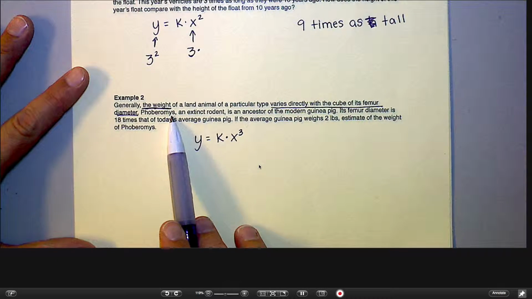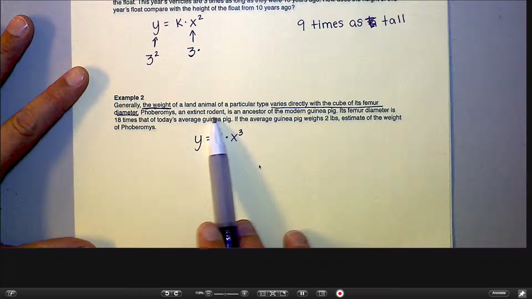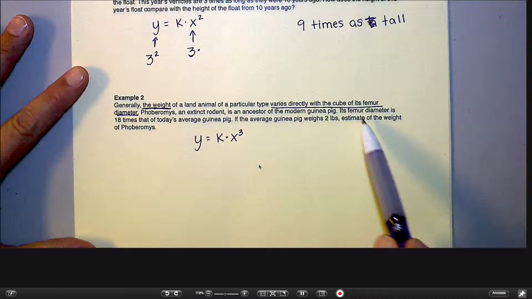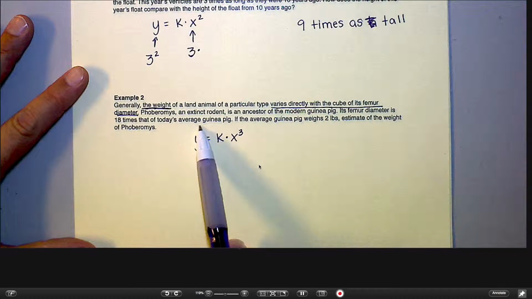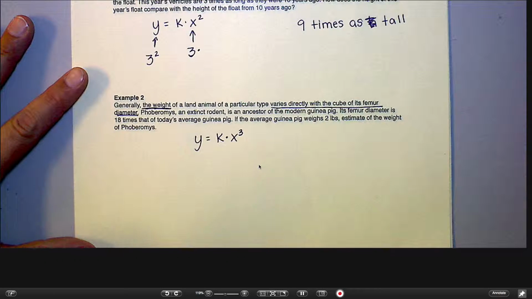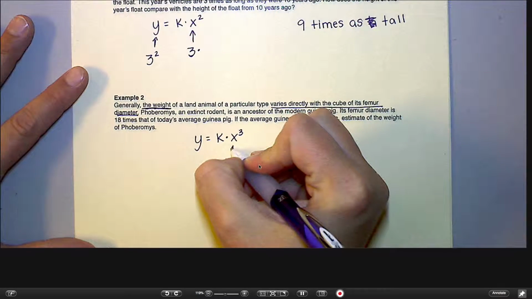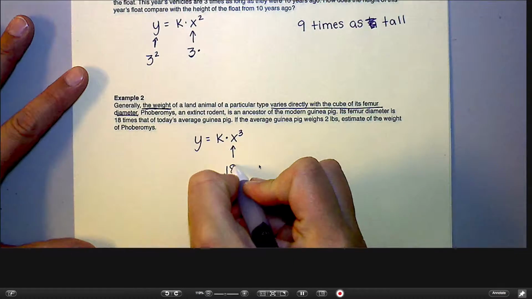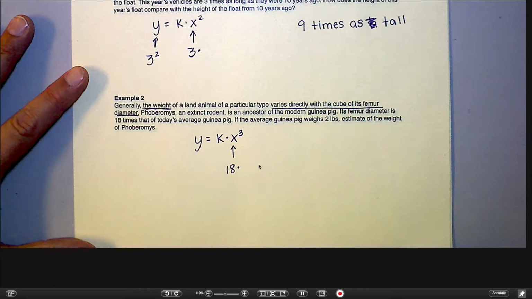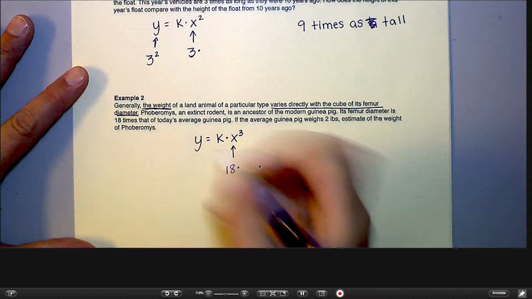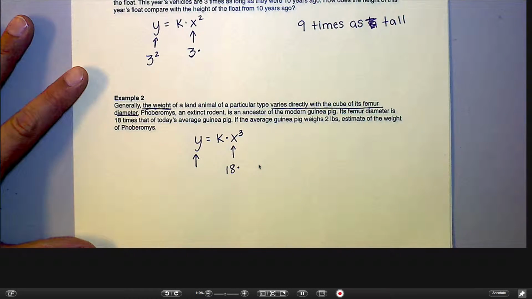Phoberomus, I have no idea if that's how you say that, is a rodent that's extinct, and its femur diameter is 18 times that of an average guinea pig. So it's similar to a guinea pig, but the femur is 18 times larger. So if the femur is 18 times larger, what's going to happen to my y value?